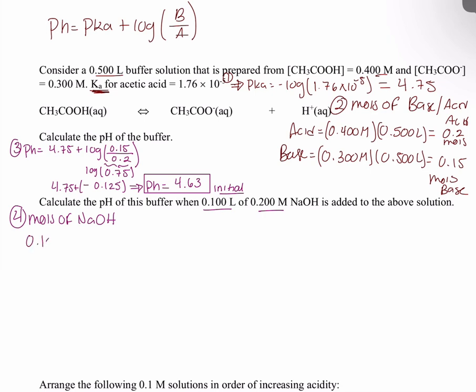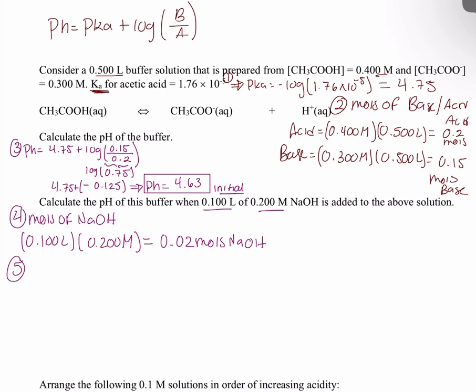So 0.100 liters times the 0.200 molar of NaOH, and that's going to be 0.100 times 0.200. That gives us 0.02 moles of NaOH.